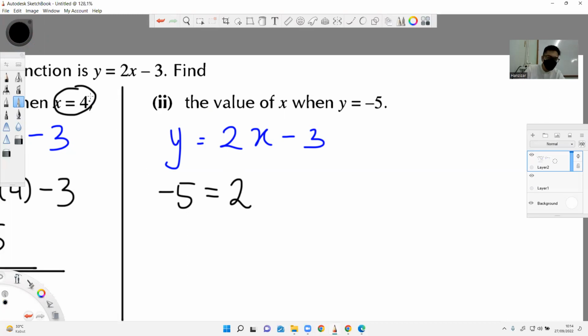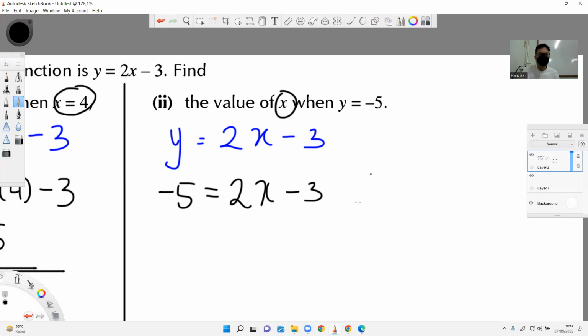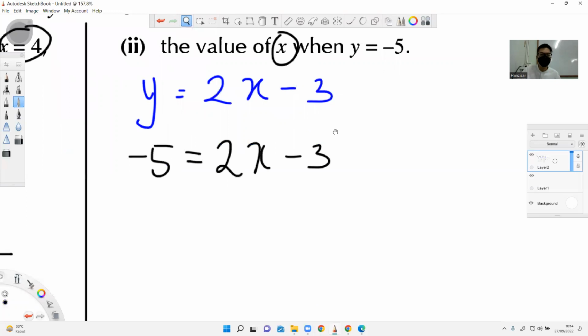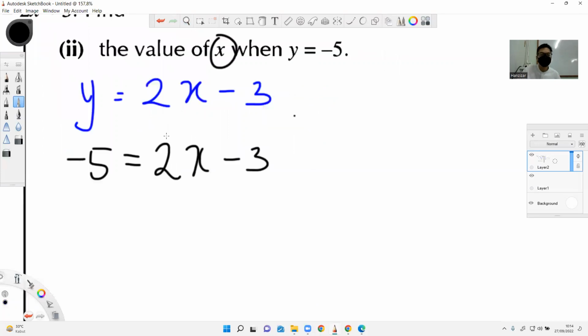You cannot put 4 here. That's totally wrong. So negative 5 equals 2 times x minus 3. Why? Because we are finding the value of x that we still don't know yet. It is given by the question, right?